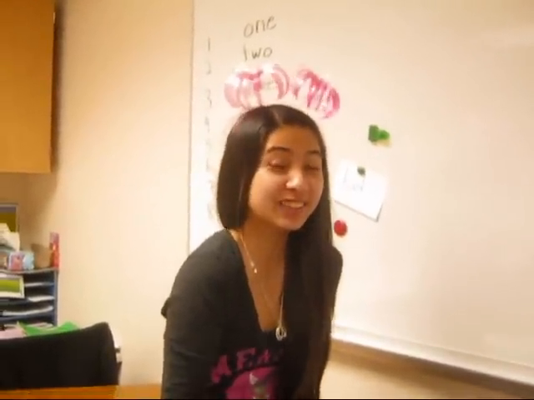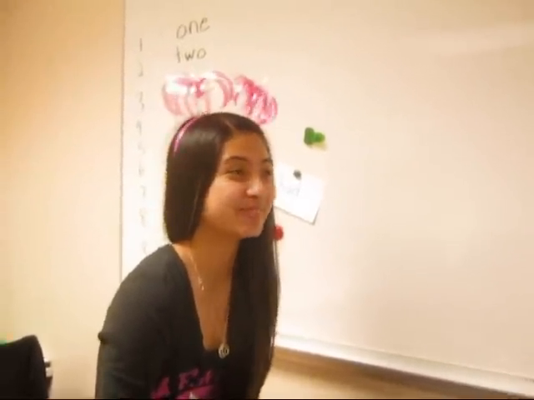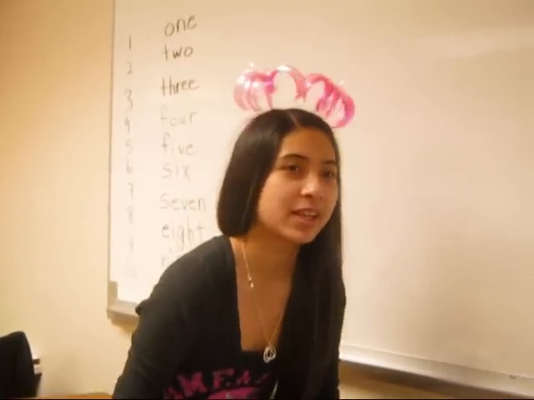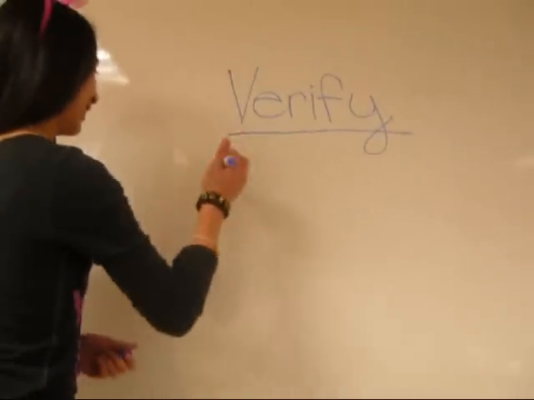How do we know your answer is right? Well, you have to verify, which means you write the equation again and then substitute the variable with our answer. Okay, let's try it.